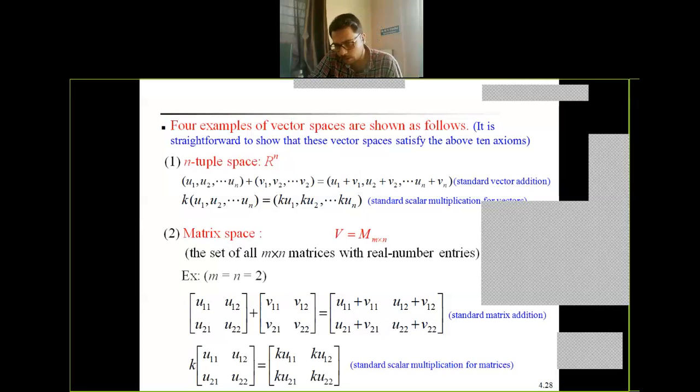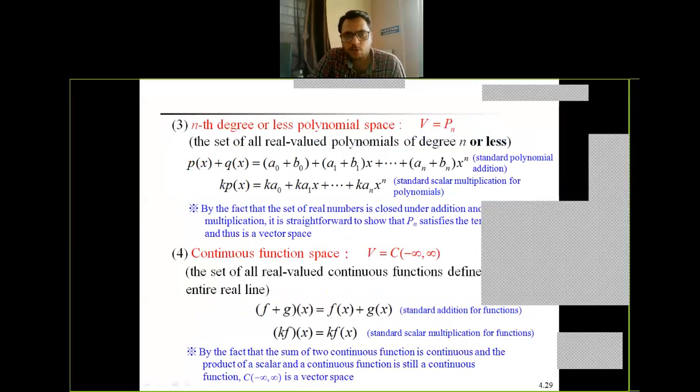If you read any standard book, there will be a statement: if vector addition is getting satisfied, then it is closed under vector addition. If the scalar multiplication property is getting satisfied, then it is said to be closed under scalar multiplication. So closed under means it is satisfying that property. Such statements will come across while reading the books. Then there is the n degree or less polynomial space.